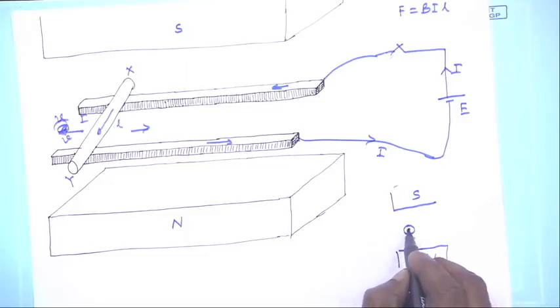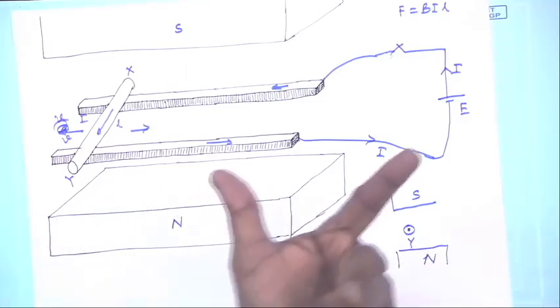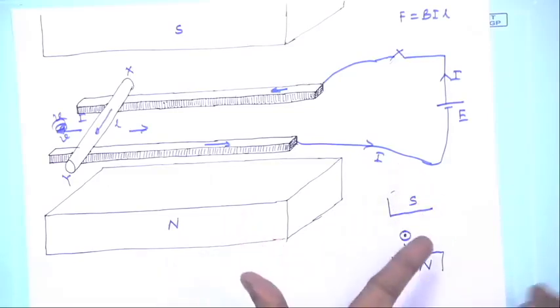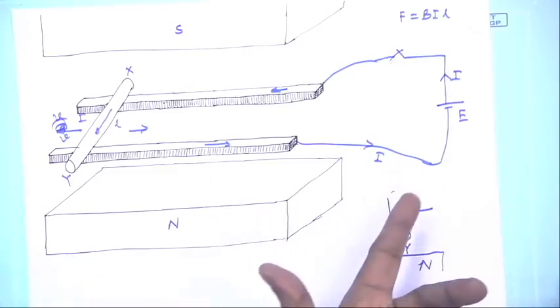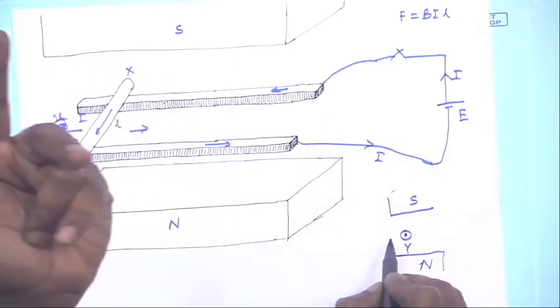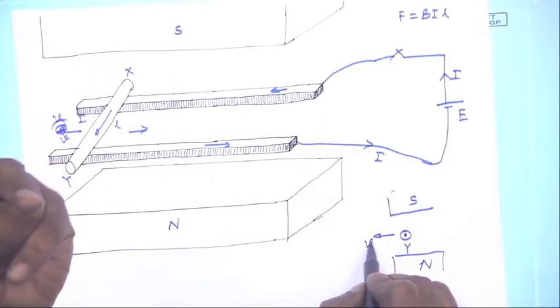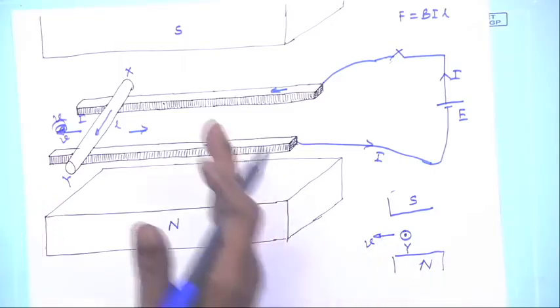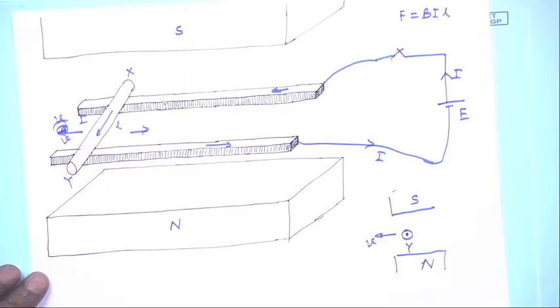So, it should be a dot. The direction of the force I can find out by applying the left hand rule: B is the forefinger, I this way, and velocity will be like this, and it will move in this way.